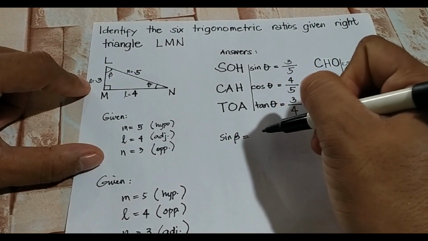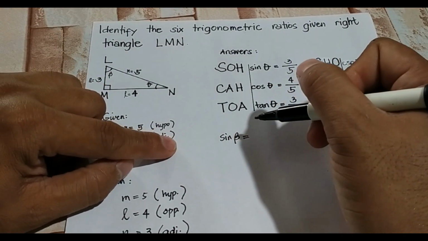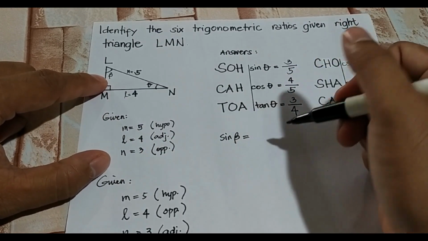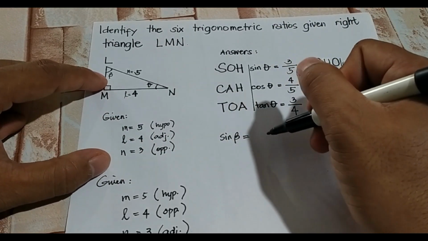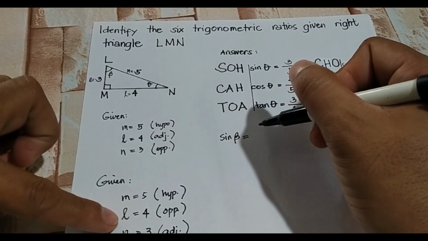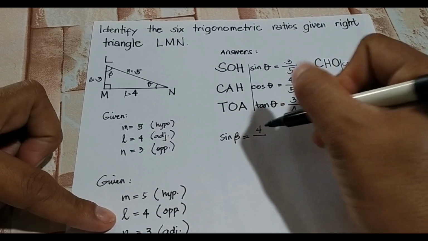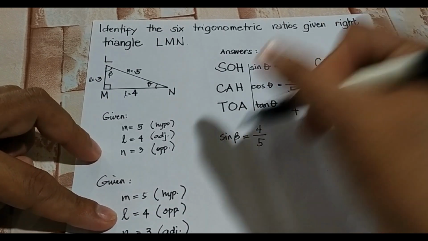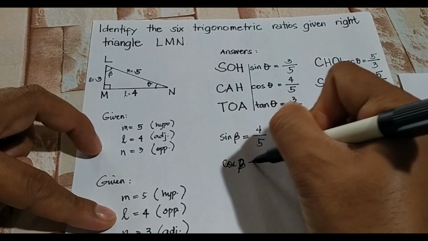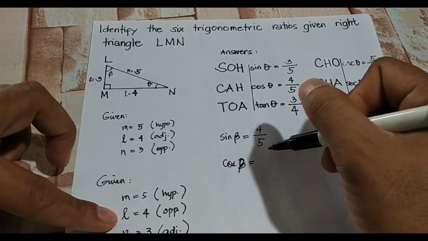So that would be easy for us now to identify if we are asked for the 6 trigonometric values of angle beta. Let's start with sine beta: opposite over hypotenuse. The opposite value is 4, over the hypotenuse, which is 5. For cosine beta, you have adjacent over hypotenuse.